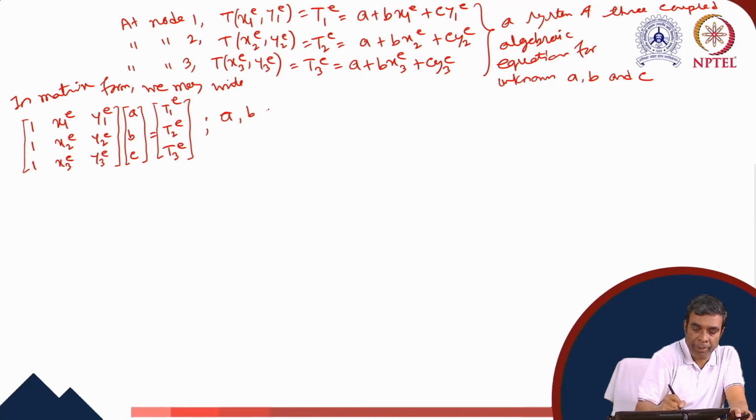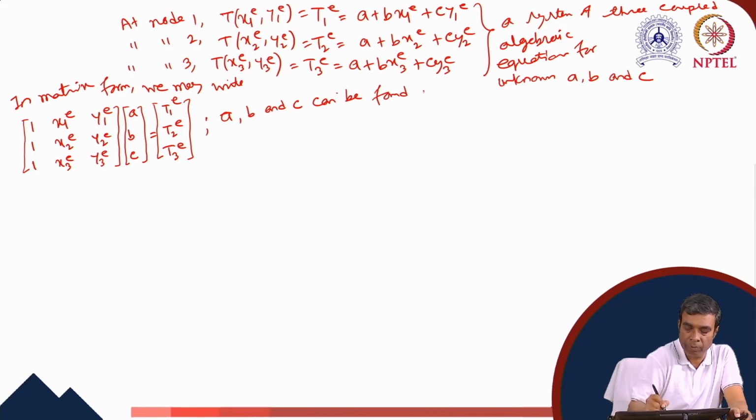A, B and C can be found out by using Cramer's rule.